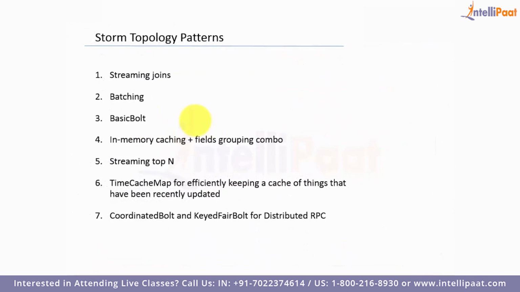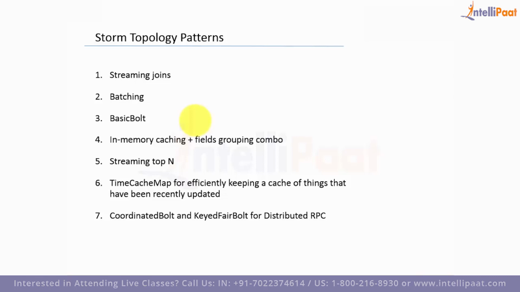Talking about topologies, let's take our time to discuss the different topology patterns available in Storm. We have 7 major topology patterns available in Storm. The first one is streaming joins. The second one is batching. The third one is basic bolt.